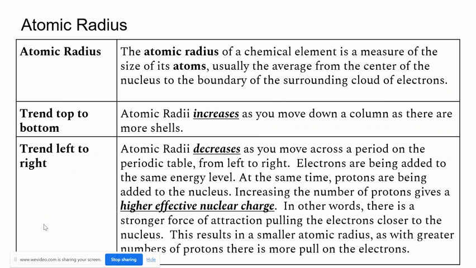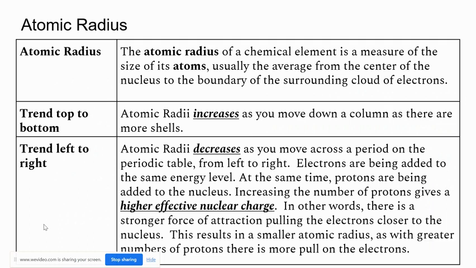Going from left to right, though, this is not quite as intuitive. Going from left to right, you're adding more protons. So you think it's getting bigger, right? This is the one where you can't let your initial instinct override you. It's actually going to get smaller because you're getting a higher effective nuclear charge.